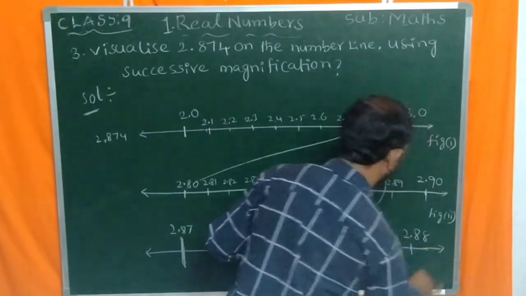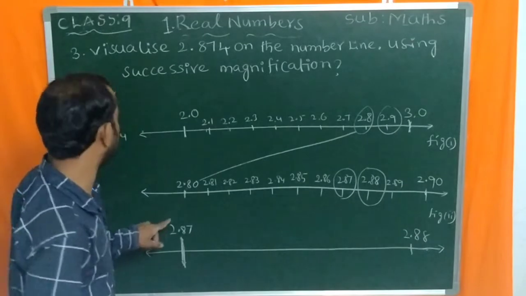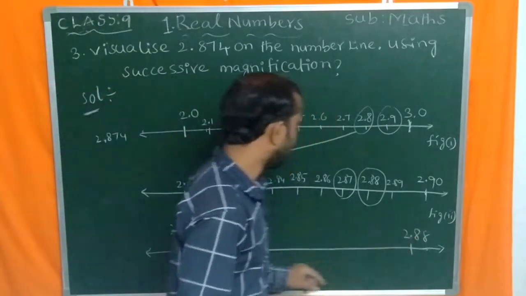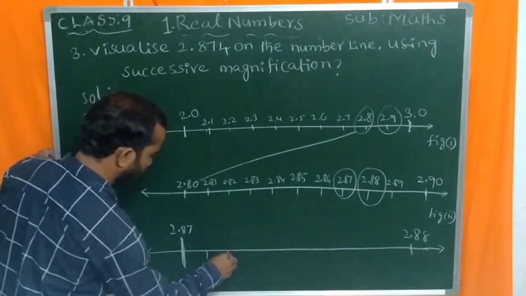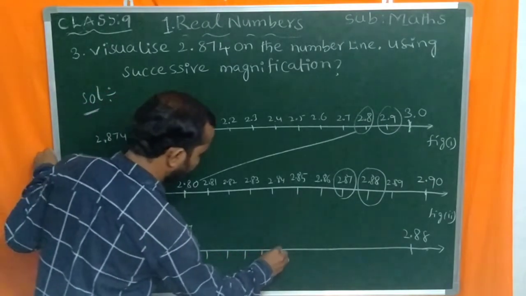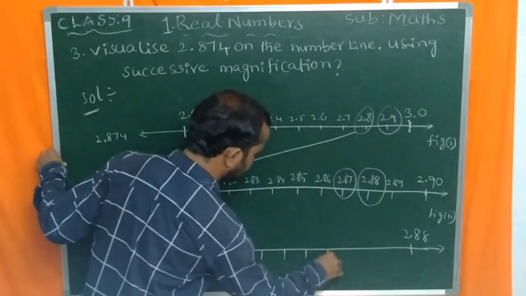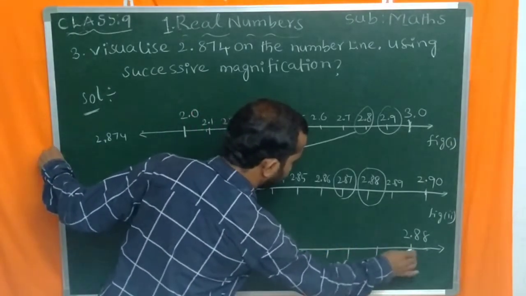Here this is 2.87 and here 2.88. So 2.87 and 2.88 are divided into 10 equal parts, 1, 2, 3, 4, 5, 6, 7, 8, 9, 10.